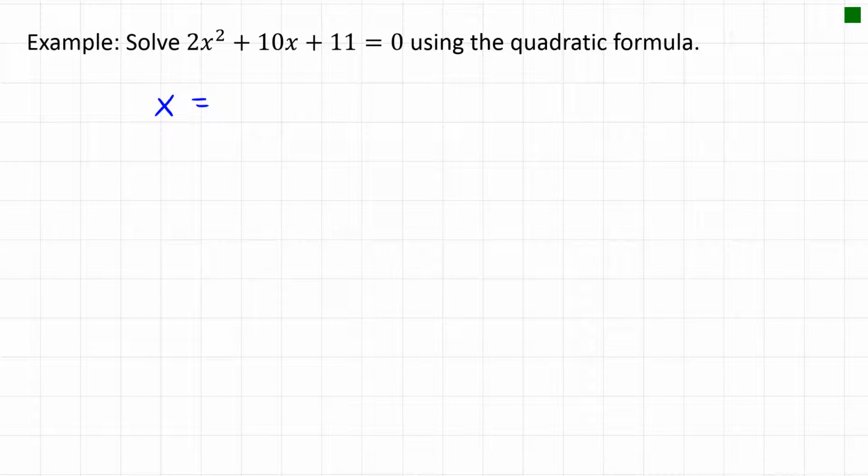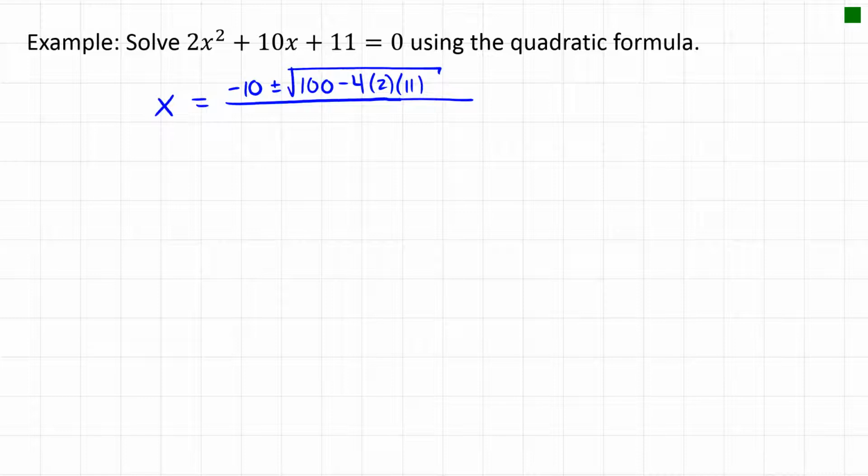So we have x equals, and then in the fraction at the top, we have negative b. So that's negative 10 plus or minus the square root of b squared. So I'm just going to do b squared and get it as 100. Get that math out of the way. And then minus 4ac, so that's 4 times 2 times 11.